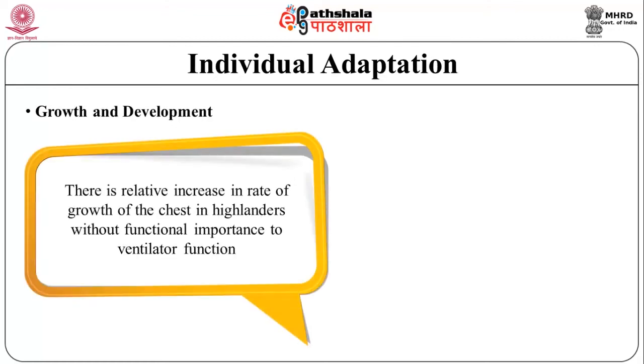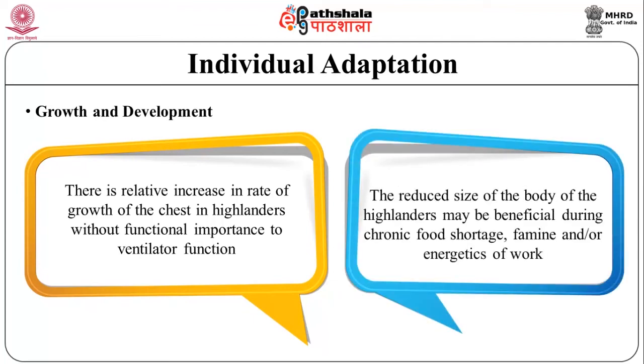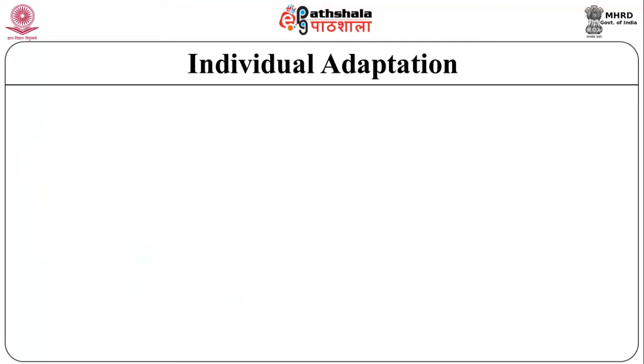There is a relative increase in the rate of growth of the chest in highlanders without functional importance to ventilatory function. The reduced size of the body of the highlander may be beneficial during chronic food shortage, famine or energetic work.